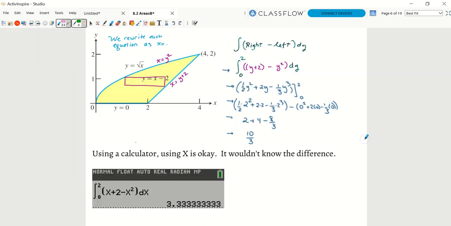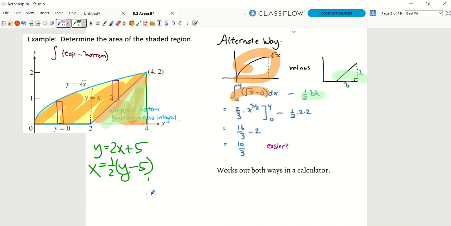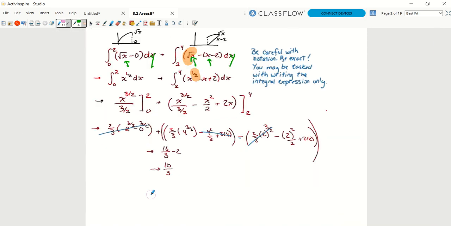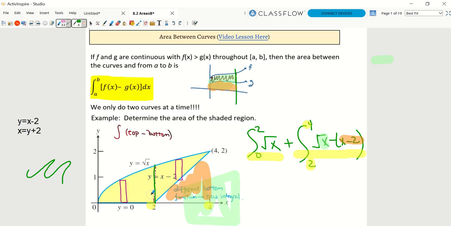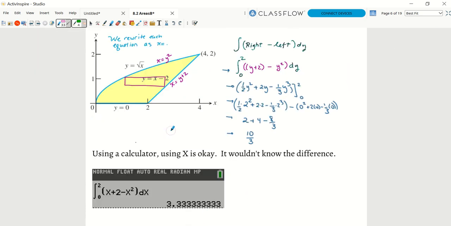You can also obviously use your graphing calculator. I should have said this before we went into the example in terms of y. You can just plug this into your calculator right here: x plus 2 minus x squared.